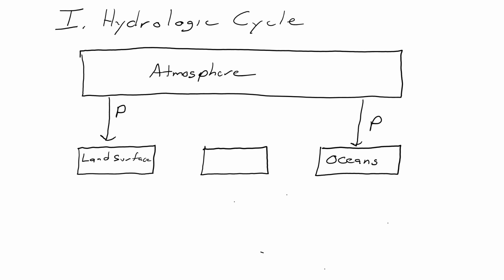This might be a little more cryptic, so I'm not going to ask, but if it doesn't land on land and it doesn't land in the oceans, the one other place that it can land is on water bodies on land. So lakes, rivers, and glaciers. And that's precipitation.